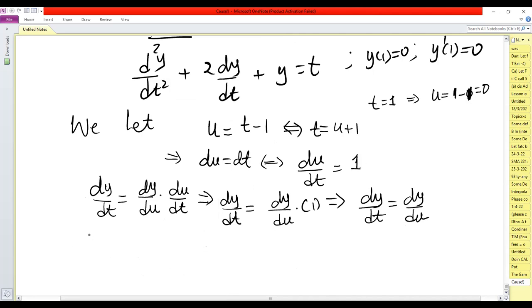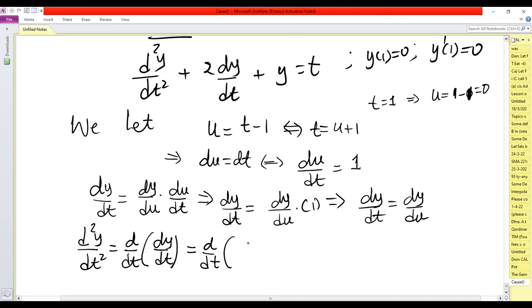And then the second derivative of y with respect to time is the same as d dt of dy dt, just from definition. But we are saying that dy dt is the same as dy du, so it's the same as d dt of dy du, which is the same thing now. We can always switch these operators and write it as d du of dy dt.